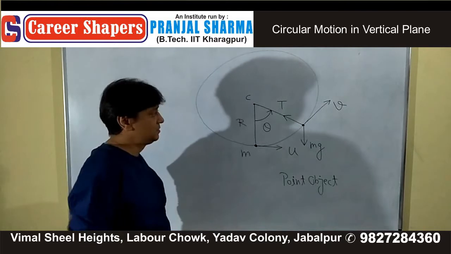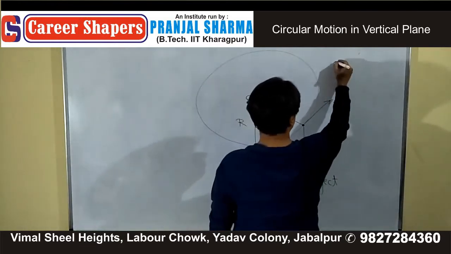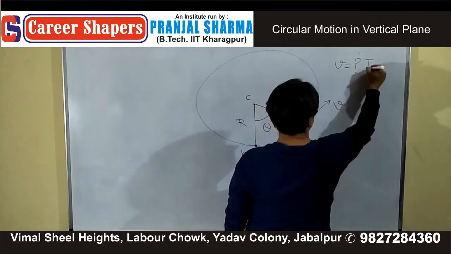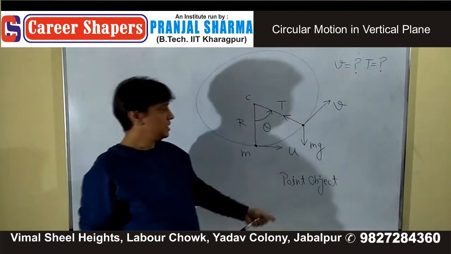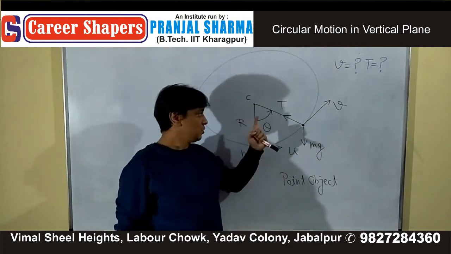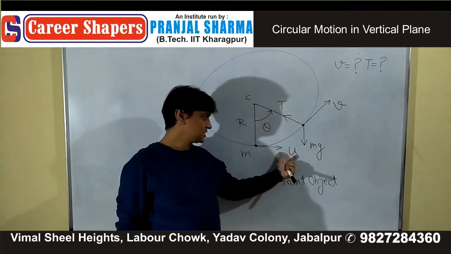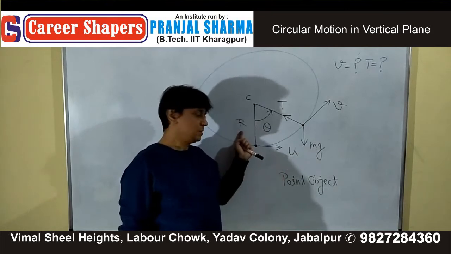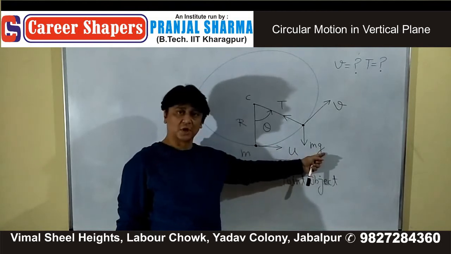Our aim is to find the velocity of the object. We need to find v and tension force when the object is at this angular position. V and tension force in terms of initial velocity u, angular displacement theta, radius r, mass m, and gravitational acceleration g.